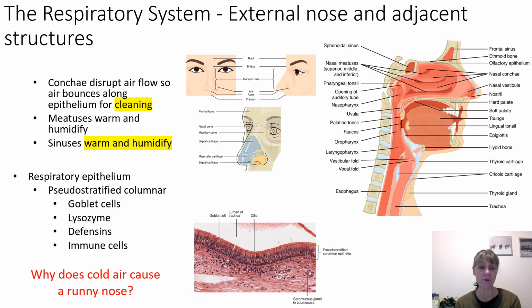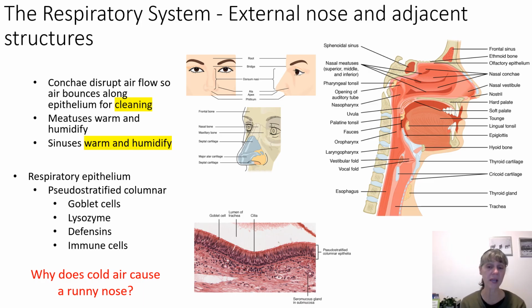Now, you'll remember that the respiratory epithelium consists mainly of pseudostratified ciliated columnar epithelium that has goblet cells embedded within. These cells also produce lysozyme, which is a type of enzyme that can help destroy bacteria and other pathogens. These cells also produce protein defensins, which can destroy bacteria and other pathogens.